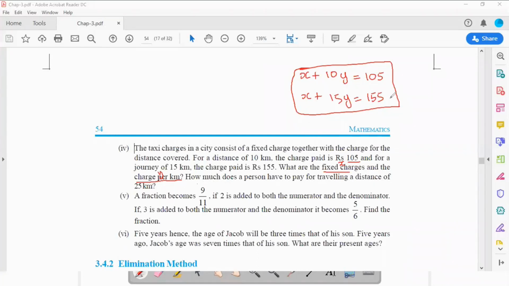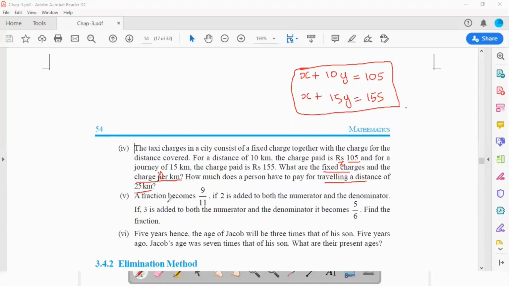If you solve these equations, you will get the value, and this will be consistent because A1 by A2 is not equal to B1 by B2, so this is a consistent pair. Then you can find the amount for traveling 25 kilometers, that is X plus 25Y. So substitute the values of X and Y, you will get the final answer.